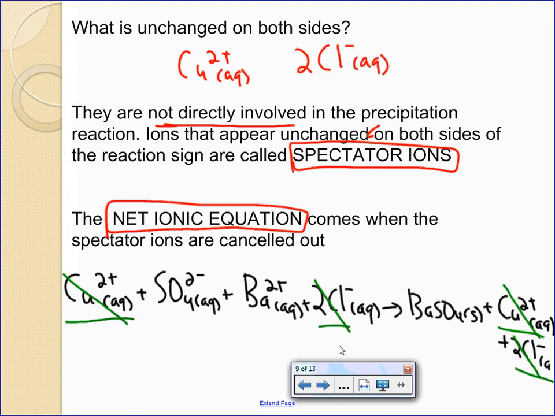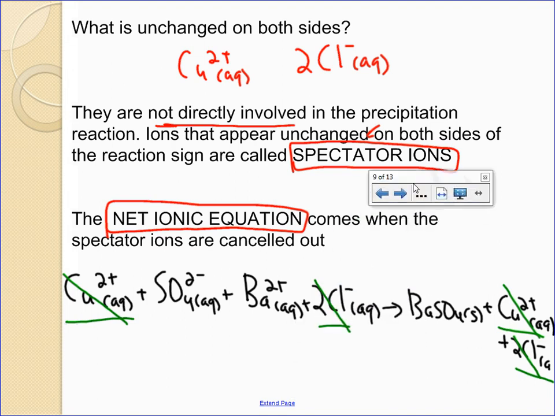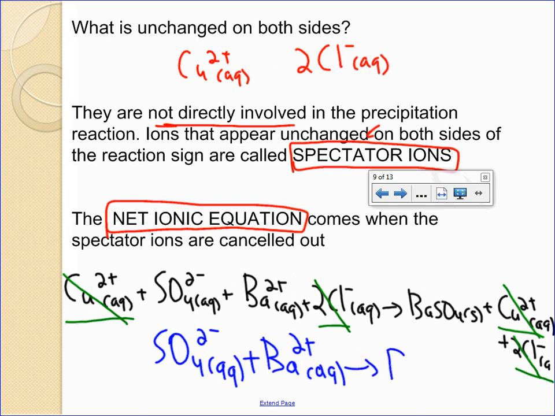what we are left with is now our sulfate ions plus our barium ions reacting to give us our precipitate, the barium sulfate.